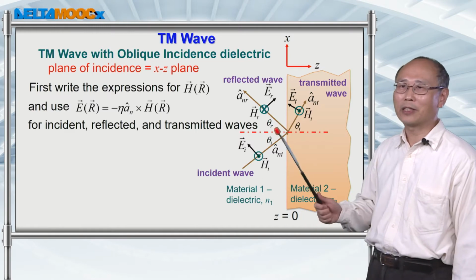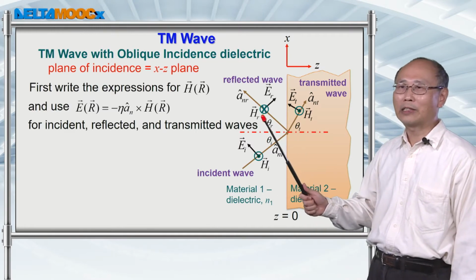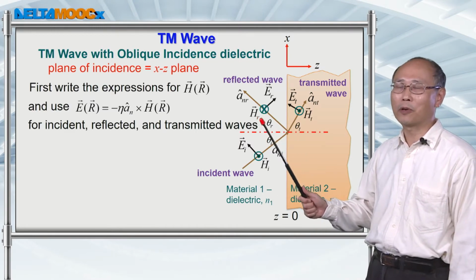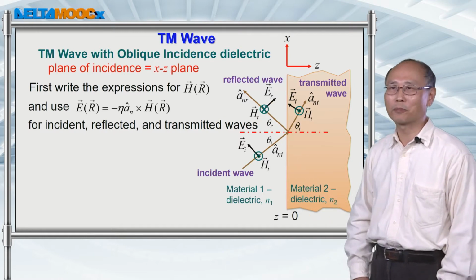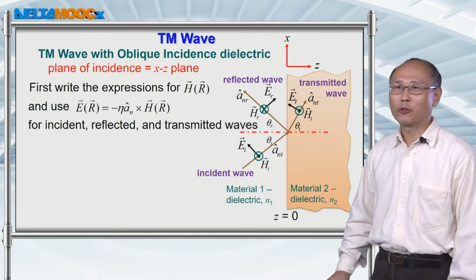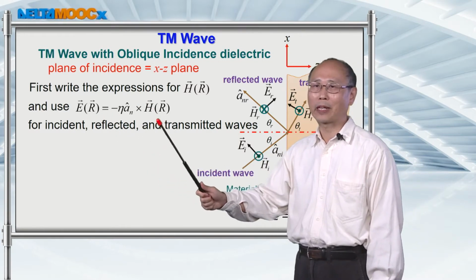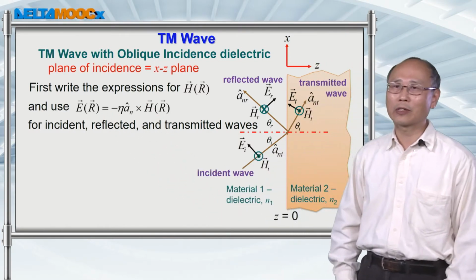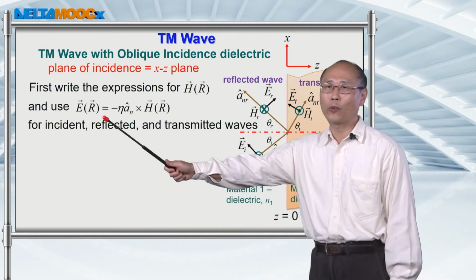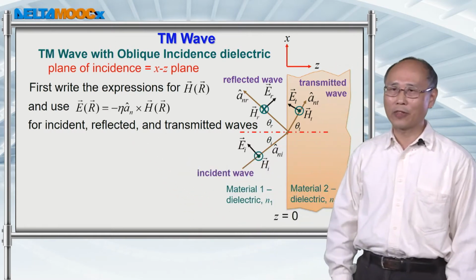And you can see that the incident magnetic field will be polarized perpendicular to this plane of incidence. And remember that there's a relationship between the electric field and magnetic field. So if you could write down the expression for one of them, you can derive the other.